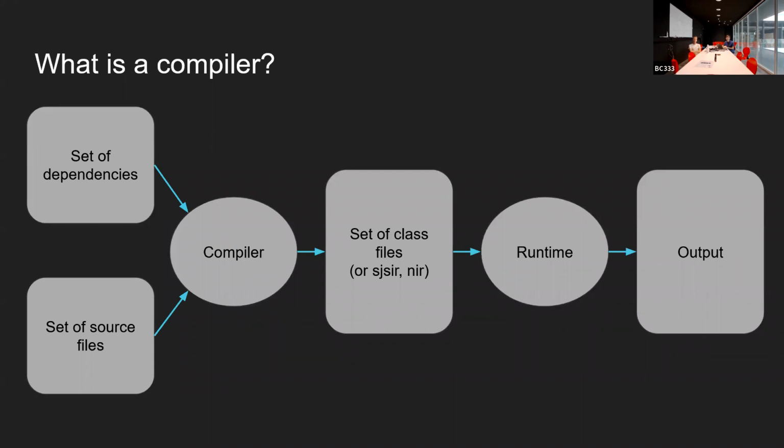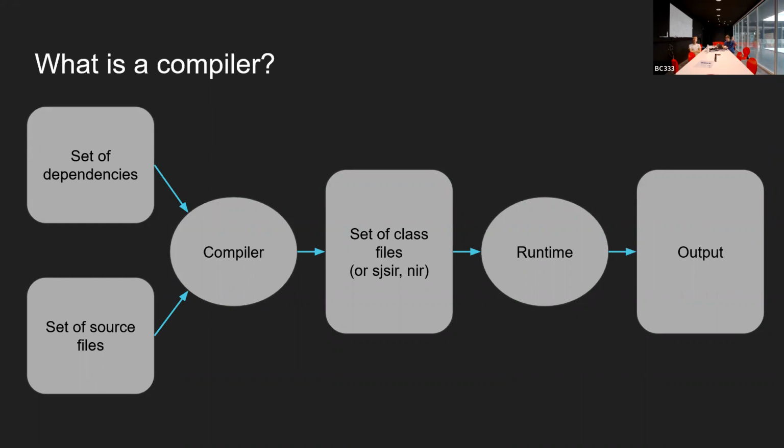What we really are interested in is whether we run those output class files, what is their output, right? Because we don't really care about the nitty-gritty details of how we encode things as long as they run correctly.